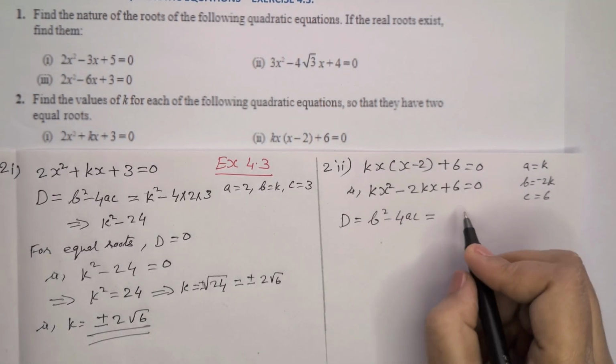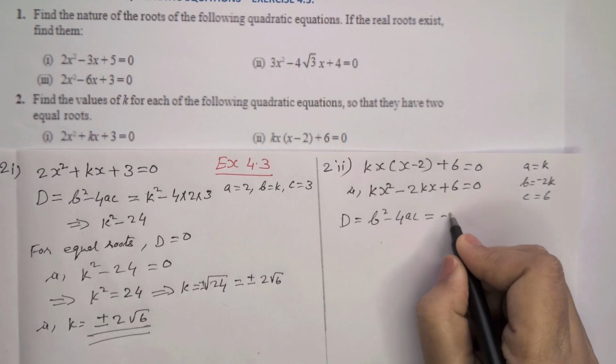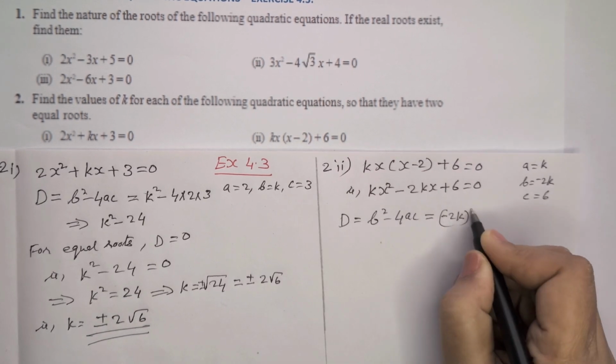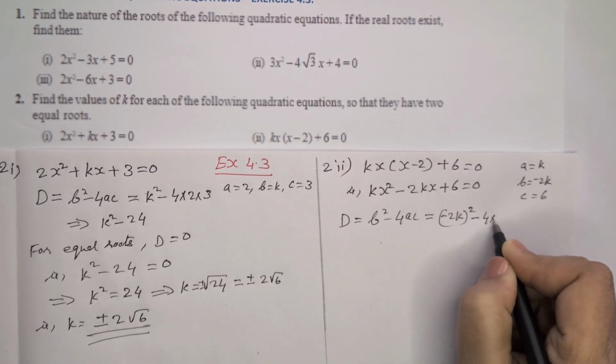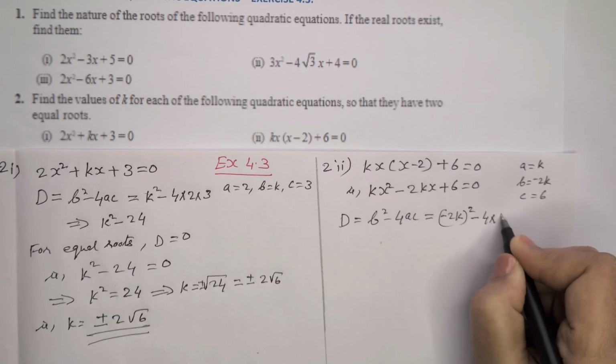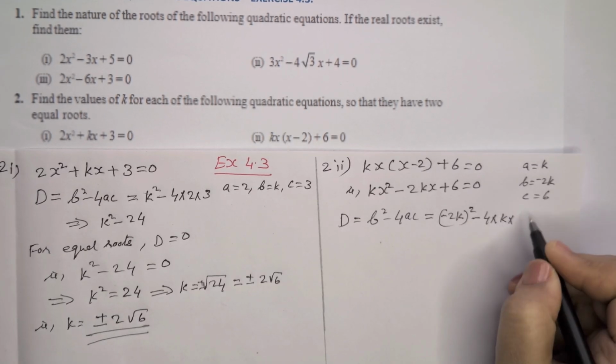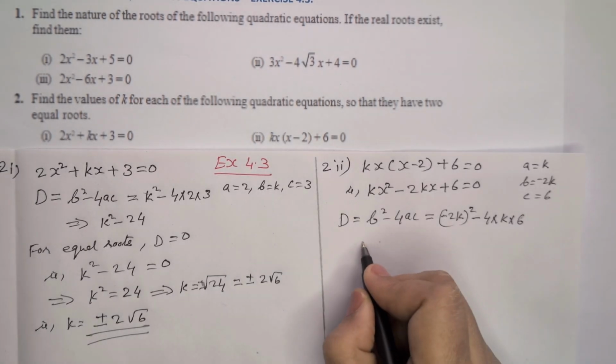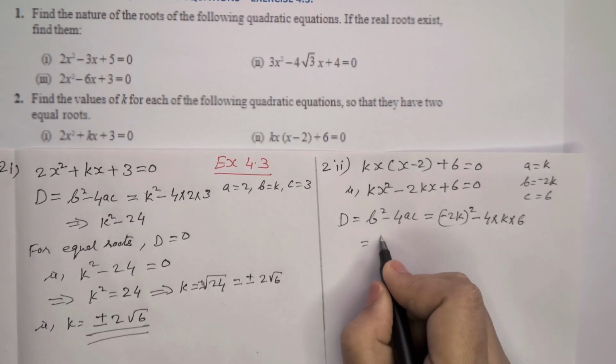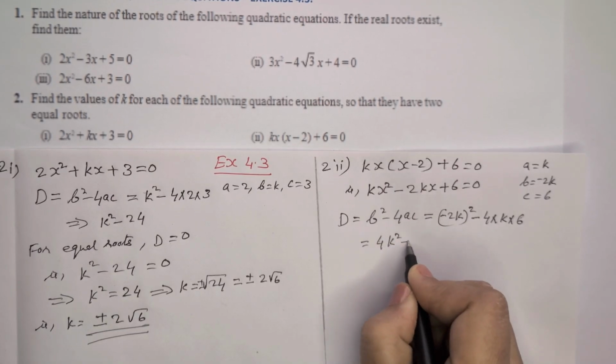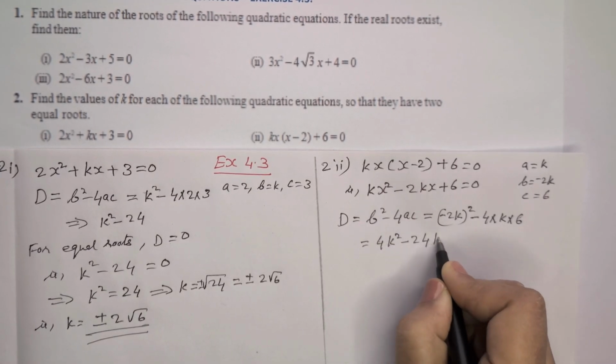So b square, in place of b minus 2k, the whole square, minus 4 into a is k into c is 6. That means 4k square minus 24k.